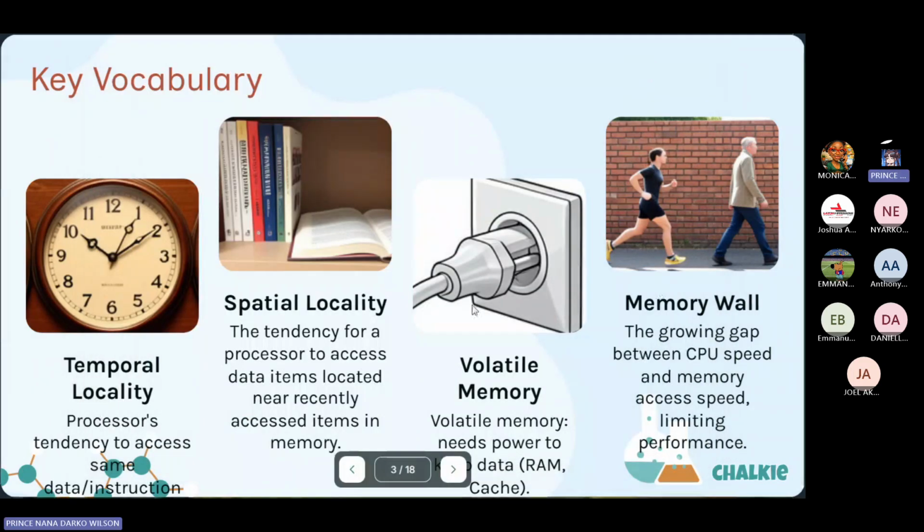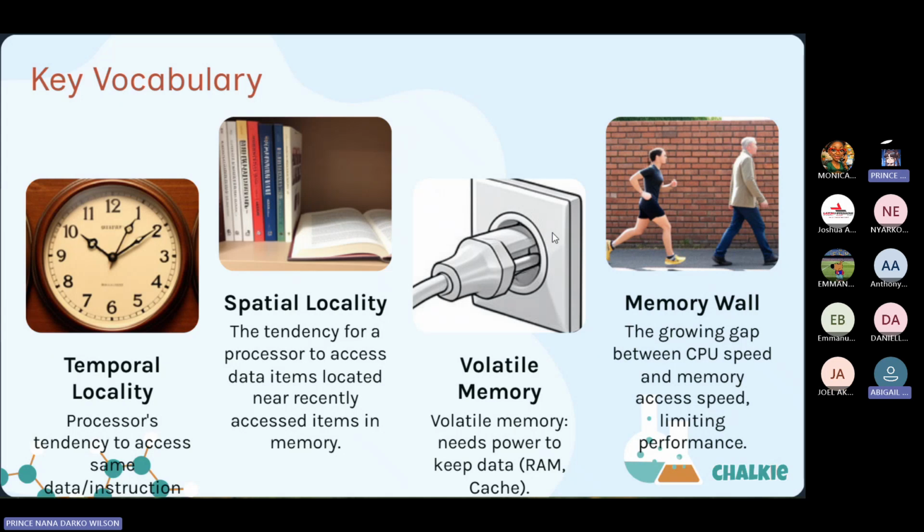Then we have spatial locality. Spatial locality is the tendency for a processor to access data items that are located near recently accessed items. We will understand this even better as the lesson progresses. But for now, temporal locality is when the central processing unit accesses a particular piece of data over and over again.